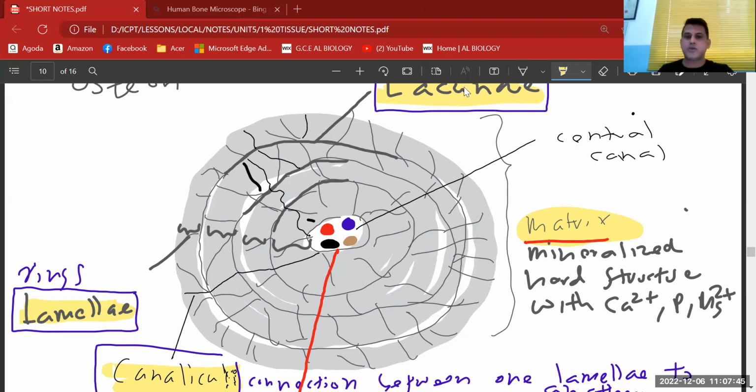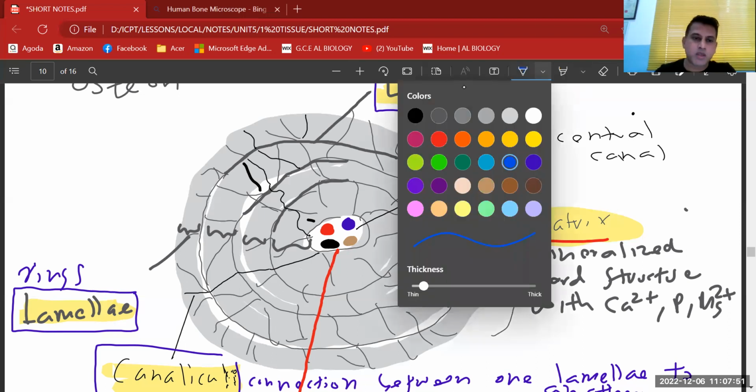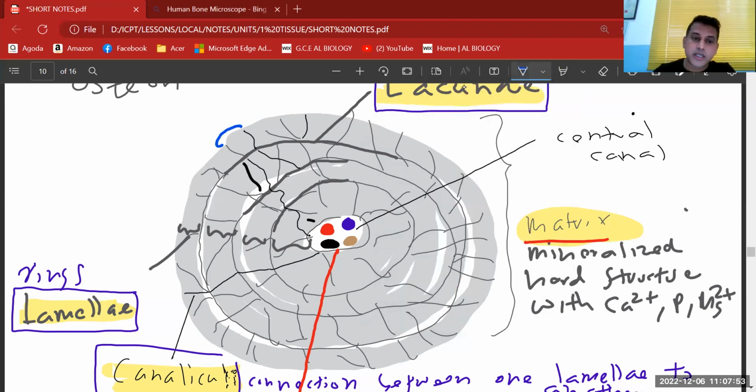Right, we try to add the cells now. At the edge of the osteon, we can find a layer of cells like this.